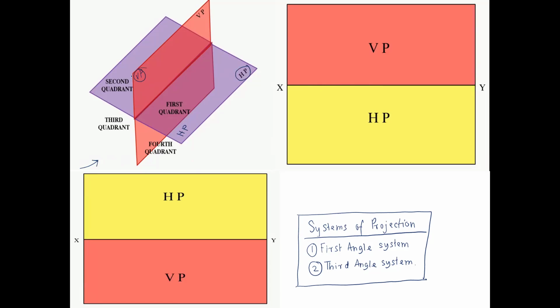Now, in whatever we have discussed till now, we have always drawn only this much of the vertical plane. We restricted the vertical plane only to one side of the reference line. What is the reference line? Reference line is the line of intersection of two planes of projection. So here the two planes of projection are vertical plane and horizontal plane. Their line of intersection is this line.